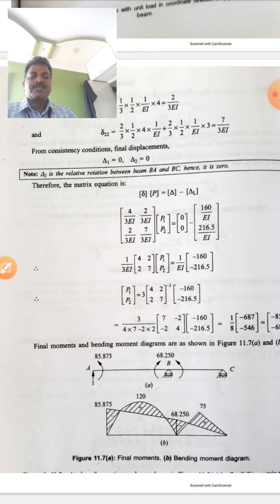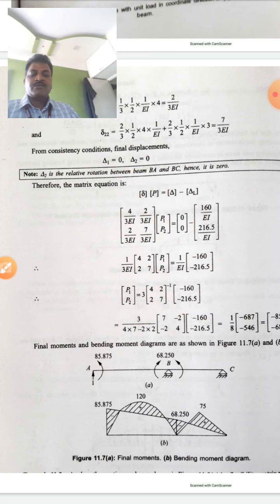Simplifying this, we get 1 divided by 8 into the matrix minus 687 and minus 546, equal to minus 85.875 and minus 68.250. These are the values of the bending moments at A and at B shown in the figure.